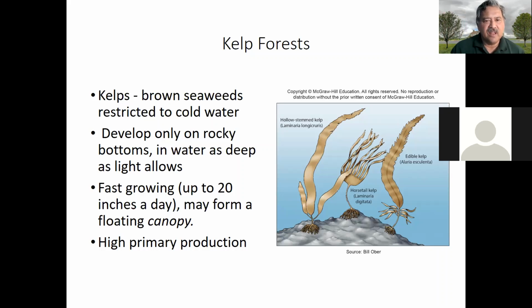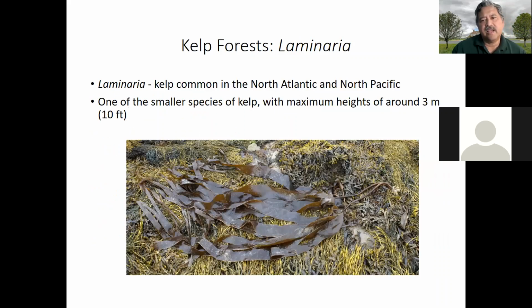These can grow a lot. Depending on where they're floating, they might form a canopy at the very top, but they might form the basis of a layer right below. These are taking the light energy and turning that into parts, and so they have a high primary production. So here's the laminaria. Here's the ones I've seen.